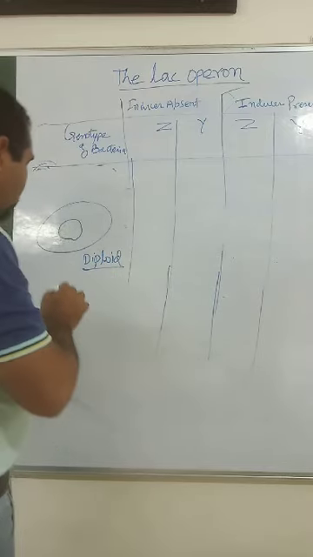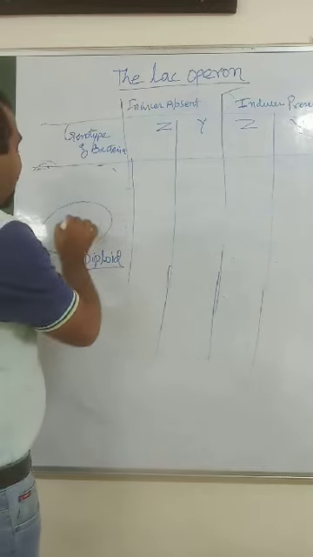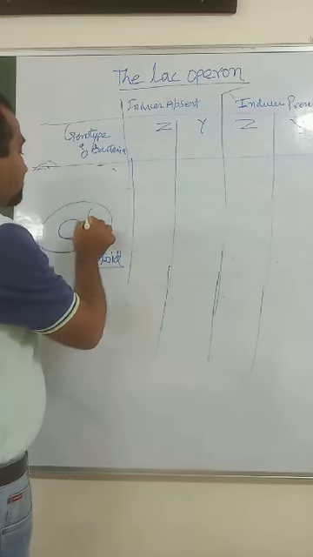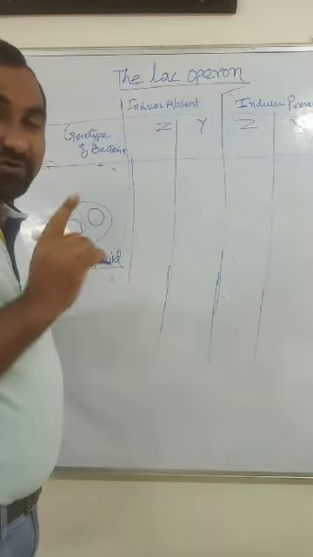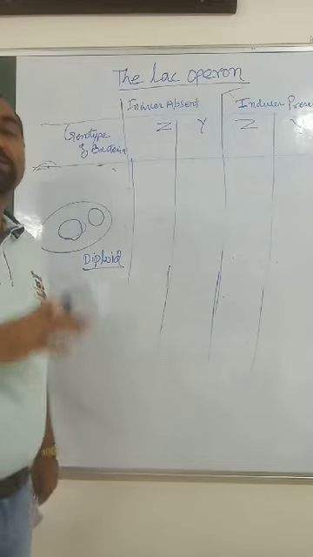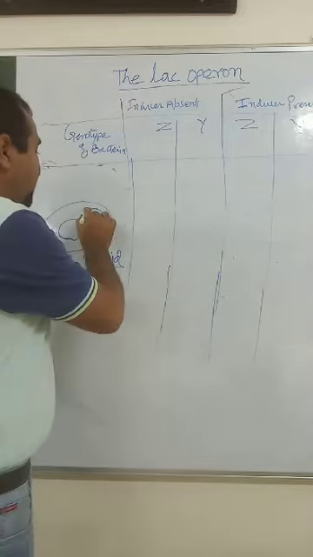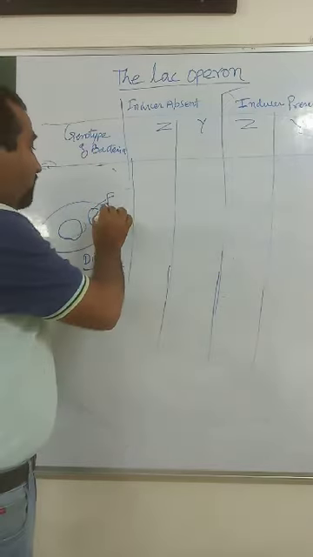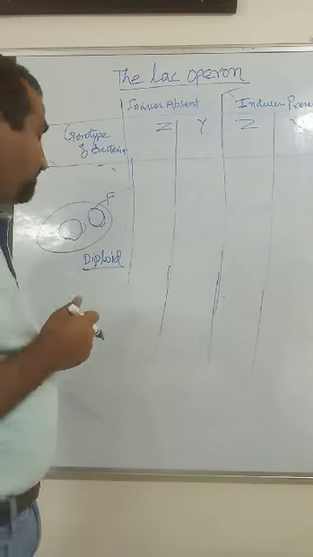How do we know that a bacteria has its chromosome and another extra chromosomal DNA, that is known as plasmid. And here this plasmid is known as F plasmid, F for fertility plasmid.